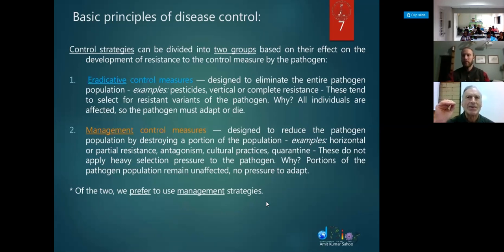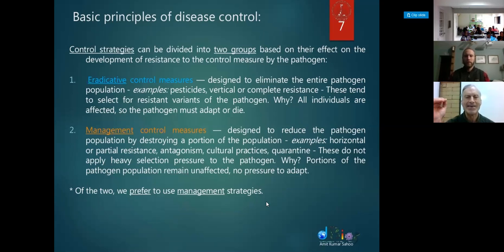The way this happens is that because there's variation in the population of the fungus, some of those individuals will have some resistance to the pesticide, and those will be the ones that survive. They will multiply, and the ones that are susceptible will die. So in the next generation, more of the fungus will be resistant, and that continues until they're almost all resistant.